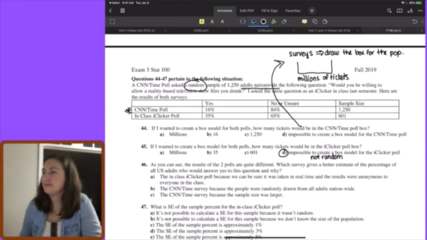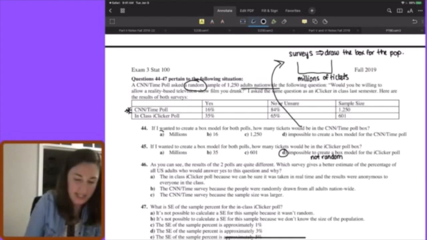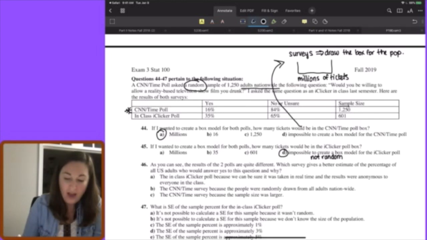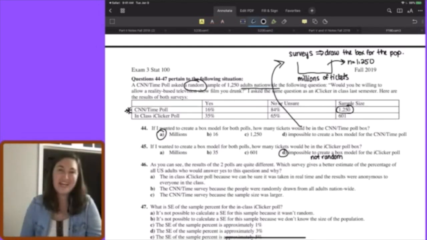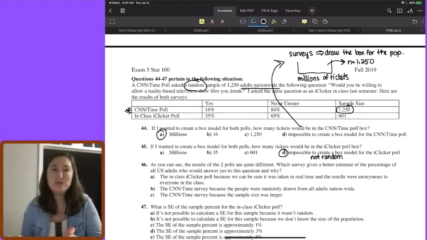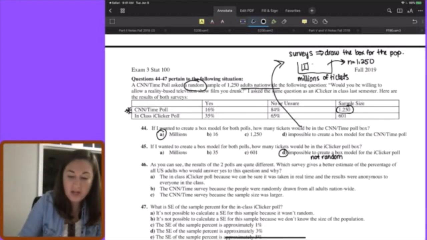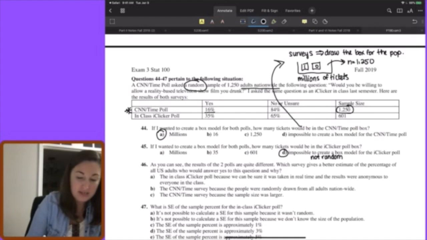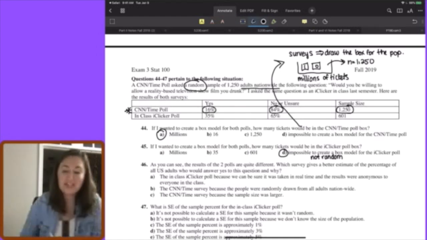So my box is going to have millions of tickets because there's millions of people in the population. So that is A, right? That looks good. And then to get our survey, we'd imagine drawing 1,250 times out of that box. So n is 1,250. It doesn't ask us how many times we're drawing, but that's what it would be if that was the case. And on the tickets would be yeses and nos, right? Would you be willing to do this? So there would be a bunch of ones, a bunch of zeros. We don't know what all the millions of people would say, but we can estimate it to be 16% yeses and 84% nos.